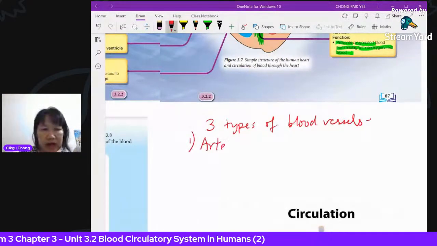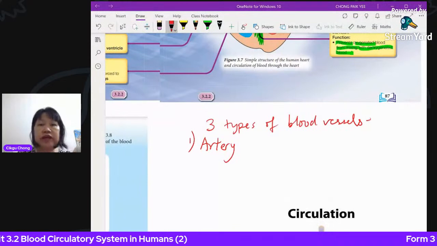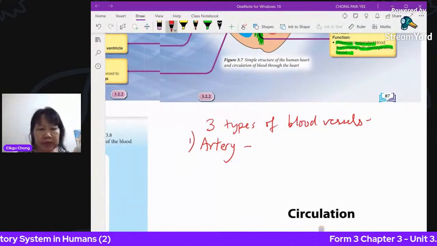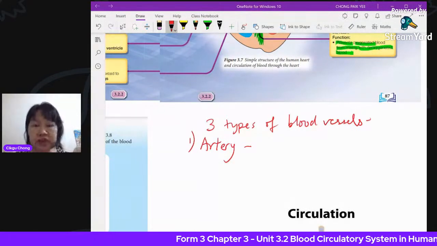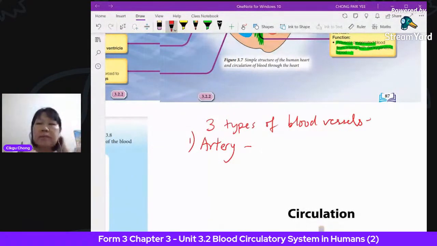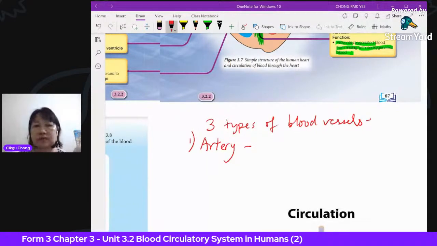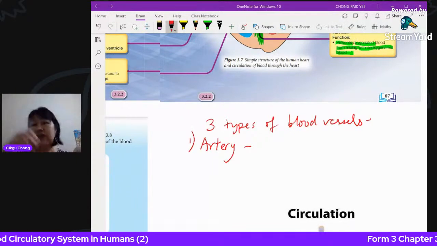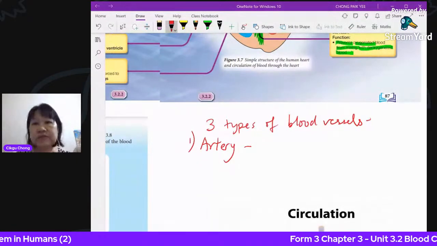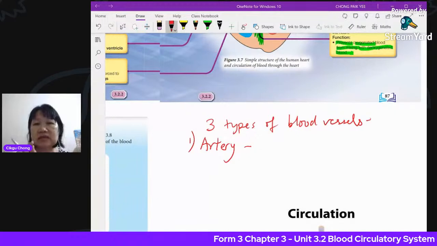Artery. Why do we call it an artery? Now, there's a reason why. Mainly the function, 它的功能, its function is to carry the blood out of the heart. That means if the blood is coming out of the heart, away from the heart, that blood vessel is artery. 那个血管就是 artery.